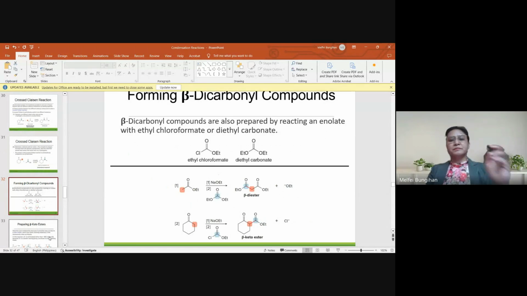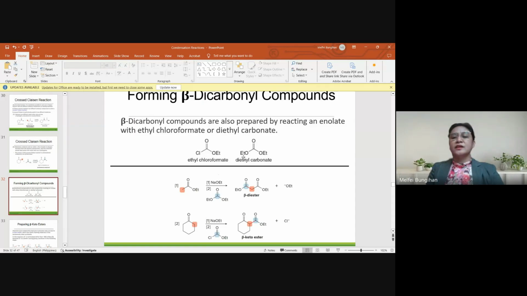Now, forming beta dicarbonyl compounds can be done with ethyl chloroformate or diethyl carbonate. Okay, so your ethyl chloroformate still contains your C double bond O, your carbocation, your electrophile.